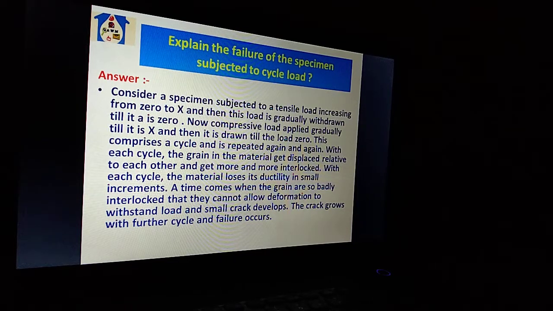A time comes when the grains are so badly interlocked that they cannot allow deformation to withstand load and a small crack develops. The crack grows with further cycles and failure occurs.